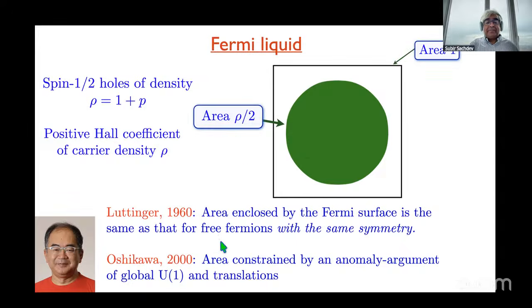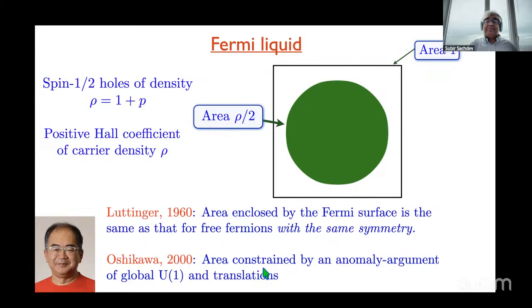So for my purposes, there's an important step made by Oshikawa in the year 2000, which gave the same answer, but from really a much simpler argument. And in fact, the answer here is non-perturbative and more general than this answer, because this really requires some sort of adiabatic continuity to the free fermion system.